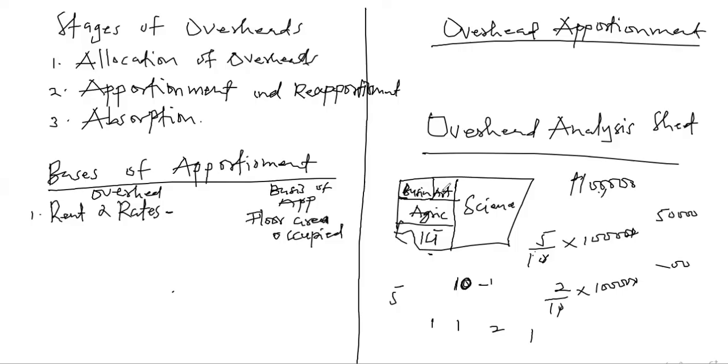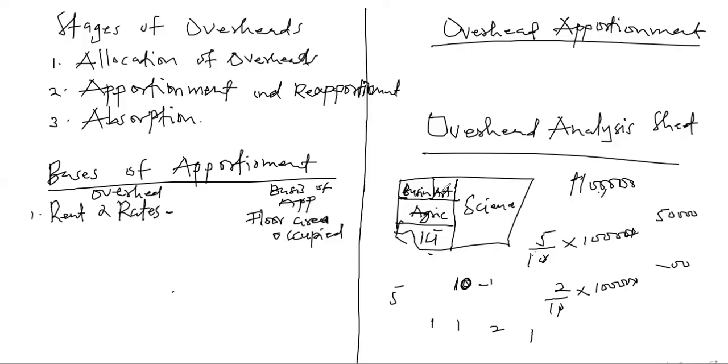But in case the question doesn't give you any basis and just says find the cost attributed, and you see rent and rate, the best basis for apportionment that you can use is floor area occupied.